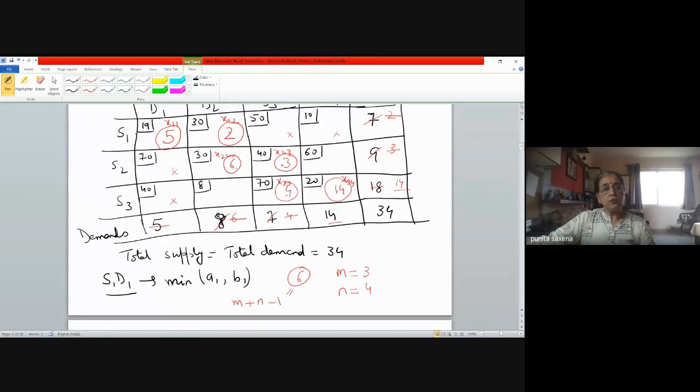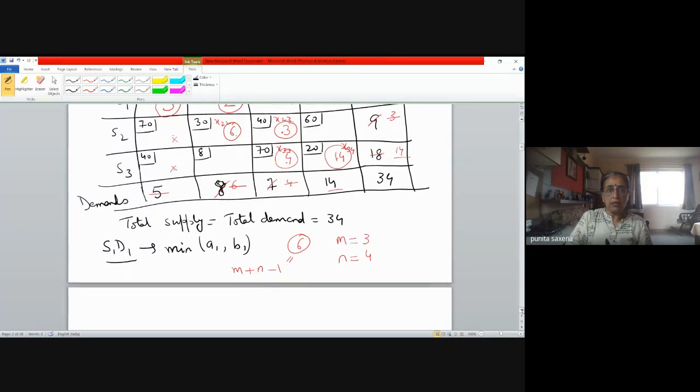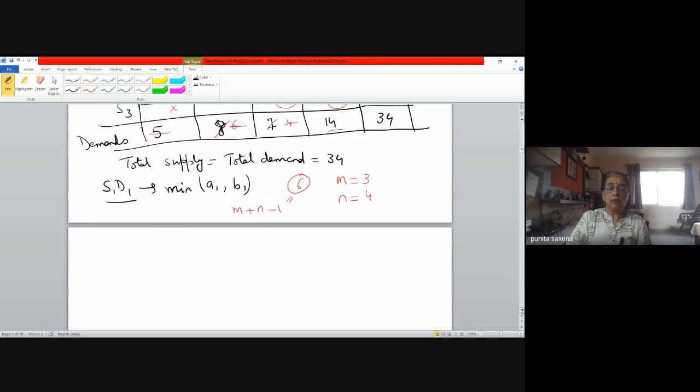So the total contribution towards the cost function of this transportation is going to be 19 into 5. So can you quickly calculate the total cost? Because I'll be needing the total number. Then only we'll be able to compare with the other methods.